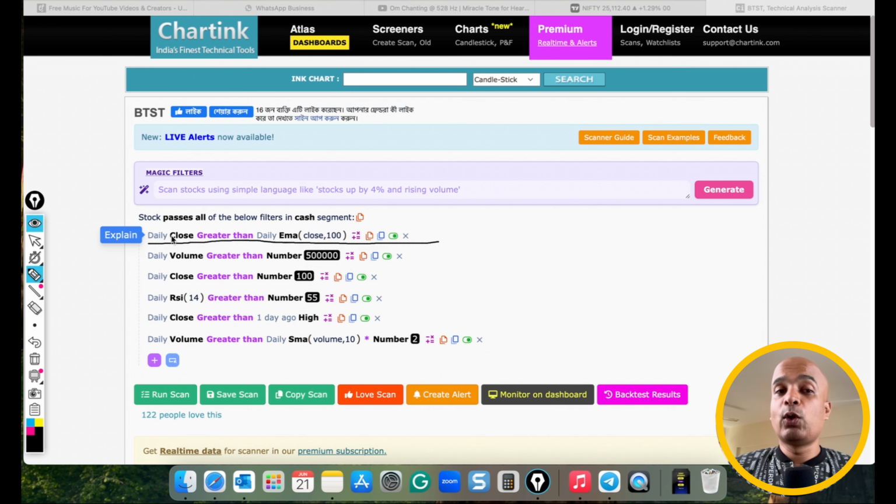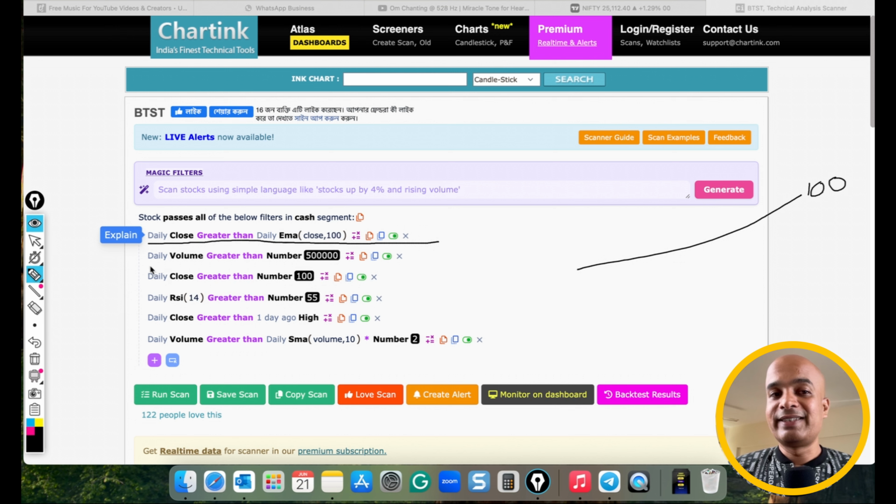The daily close should be above the 100 EMA moving average. What it means is they are using 100 EMA to shortlist bullish and bearish. So if the close is above 100 EMA, it means it is a bullish trend for the long term. So in this criteria they are shortlisting long term bullish trend stocks.